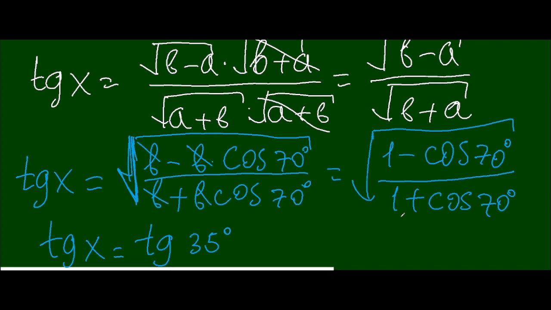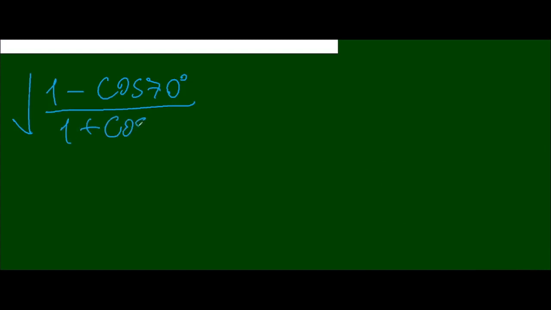Let me prove it here: the square root of 1 minus cosine 70 degrees over 1 plus cosine 70 degrees. I believe that this is interesting for all of us. We know the formula, but most of us don't know the proof of this formula.